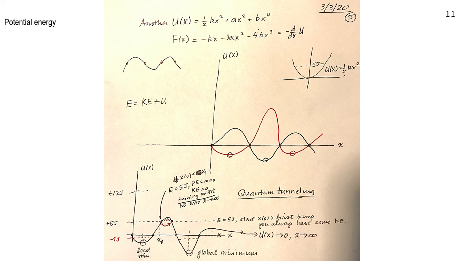You could have something asymptotically. Let's do this one. I'm running out of room here. No, I can do another one. Let me do another one. All right.